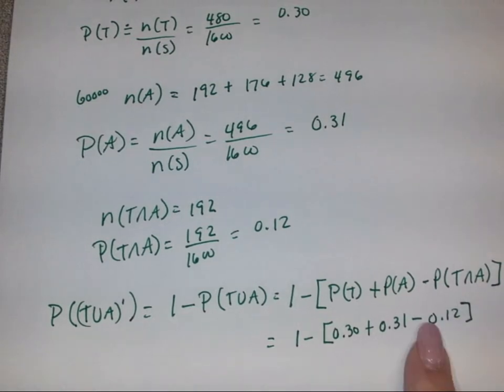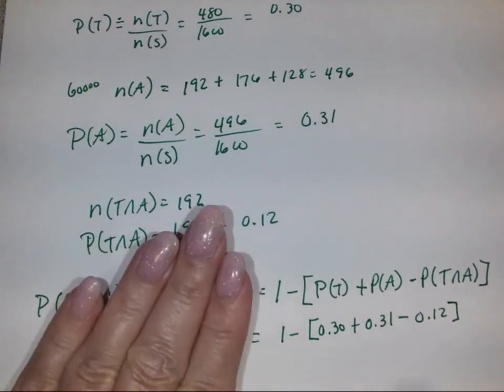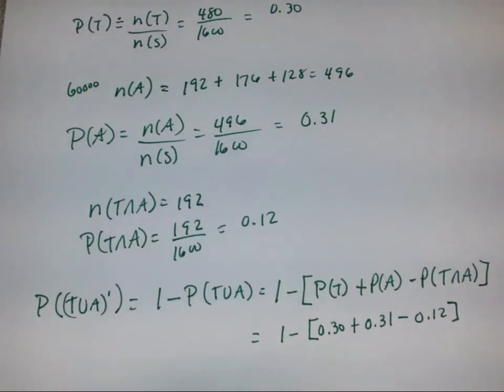We have those values from the three values that we found. So we're just really taking 1 minus all of those to find our answer.